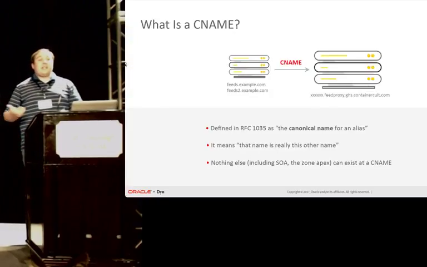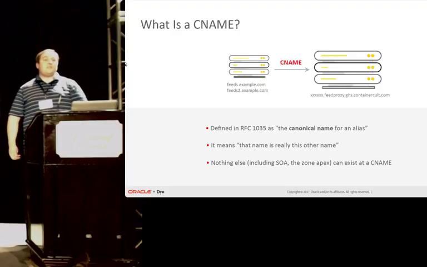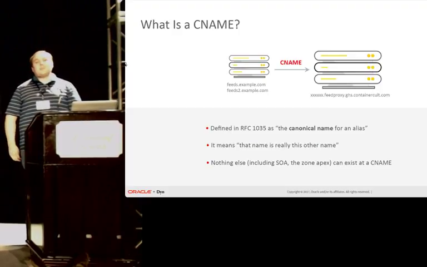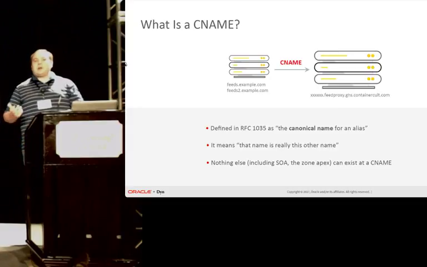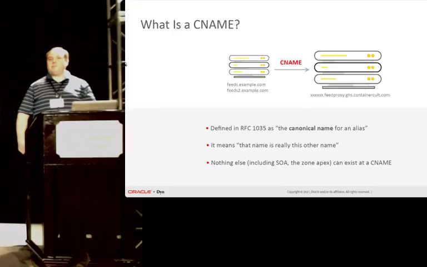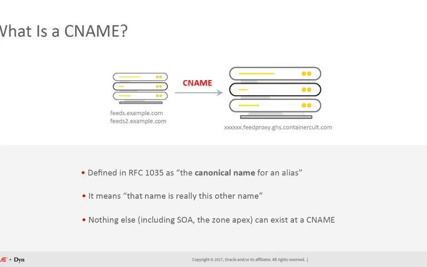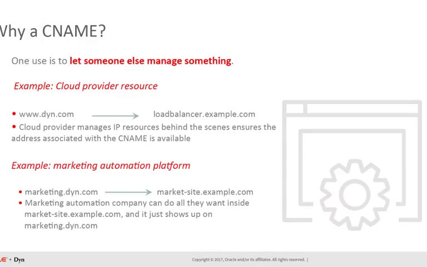Traditional slide explaining what exactly a CNAME is, the canonical name defined in RFC 1035. Now, the ultimate problem or the drive that I think led most commercial demand for the CNAME, or for the A name, was the lack of the ability to have other records coexist with the CNAME. Now, why does this happen?